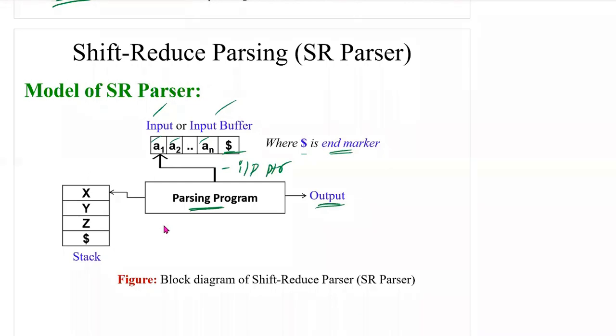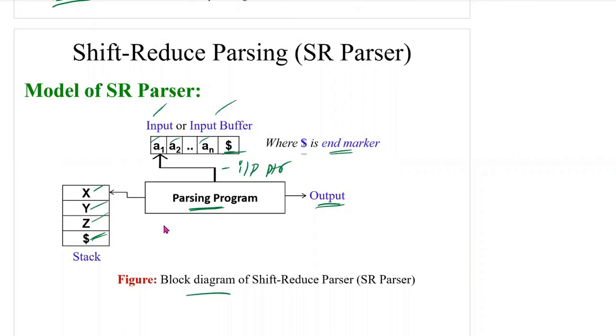Initially the stack contains the dollar end marker. Whenever dollar is on top of the stack and the input contains only dollar, the input is empty. Whenever you identify the handle, it is placed on top of the stack. The remaining components are the same as in the predictive parser.